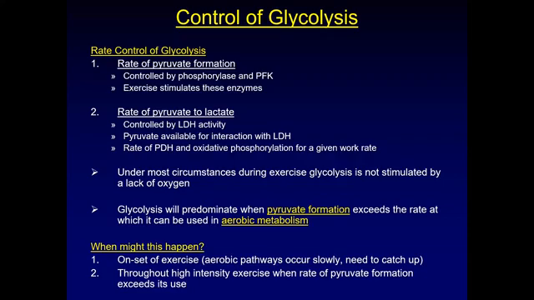Okay. Glycolysis tends to be the predominant energy pathway when pyruvate formation exceeds the rate at which it can be used aerobically. This is the boundary. Okay. We're going to be over lactate threshold and get more and more lactic acid formed when we're making a bunch of pyruvate, and not all of that can go into the Krebs cycle.